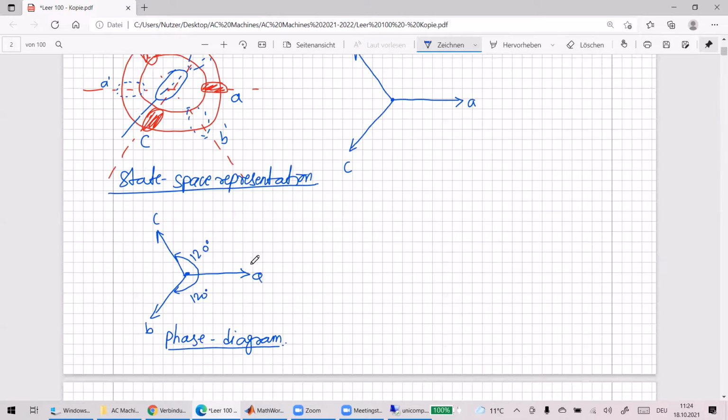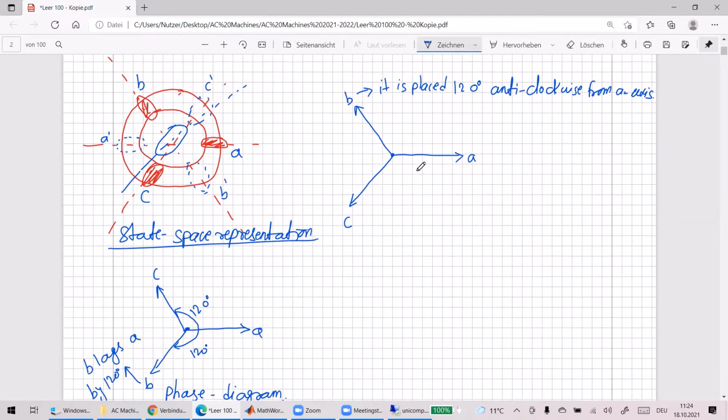And here in the phasor diagram, B lags A by 120 degrees.